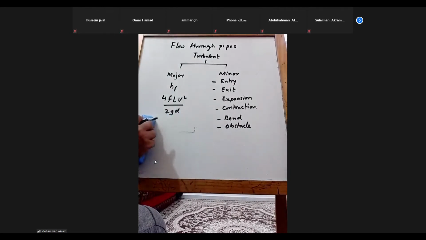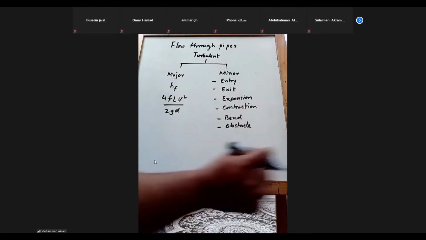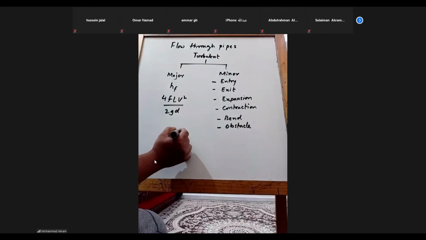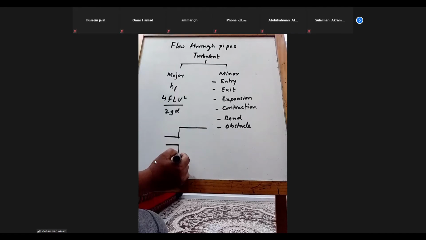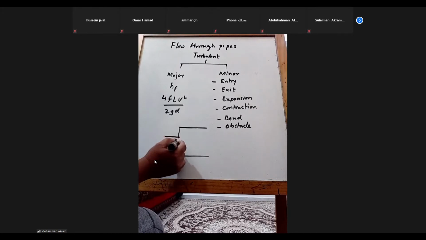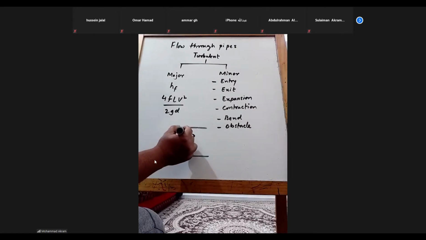Now, if we have, for example, a sudden expansion, if you see this, what is happening here? The flow which is coming like this will go suddenly like this, and there may be some recirculation here.